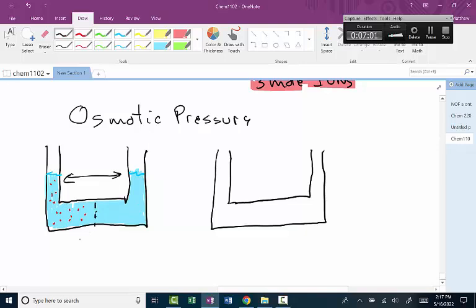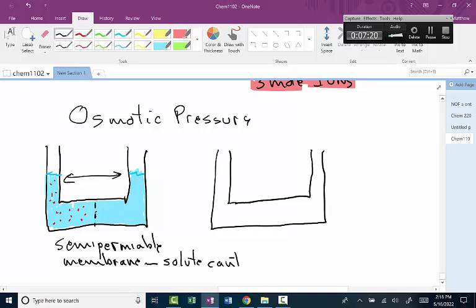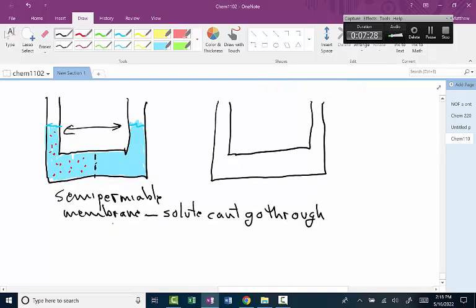Okay, and that semi-permeable membrane will not let the solute go through. It's like a filter paper, like coffee filter paper. The solute can't go through, the coffee can't go through, but the water can.